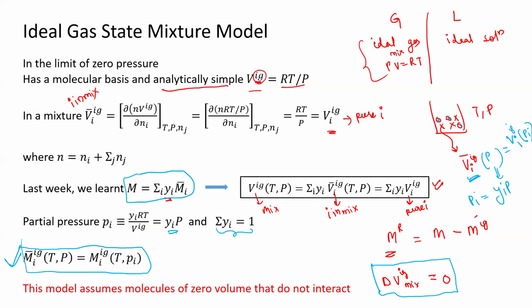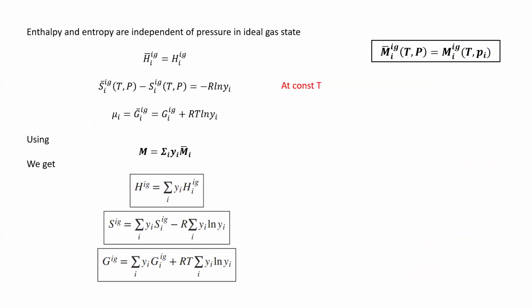Later, for the other things, we know that as the pressure tends to 0, in the ideal gas mixture model, the enthalpy and entropy are independent of pressure. So that's why we know this M_i^IG bar at T, P equals that at T, P_i, right?